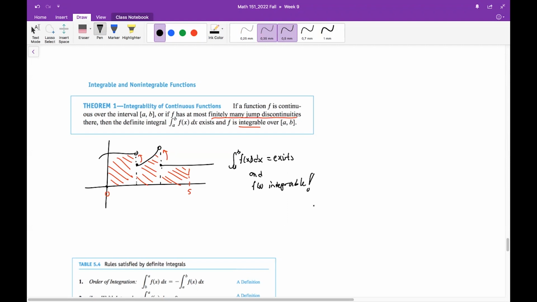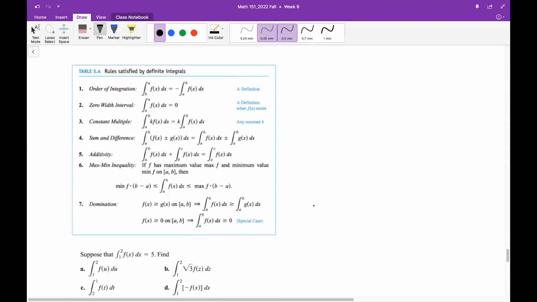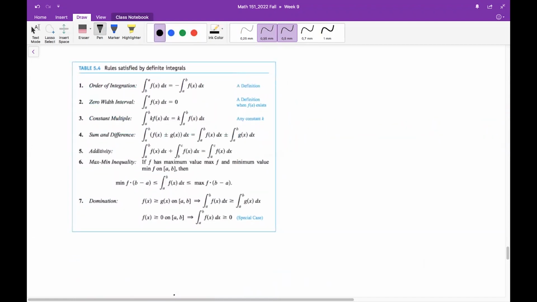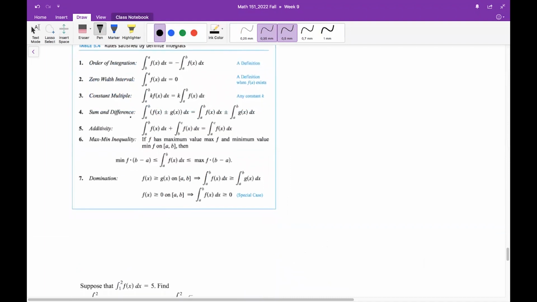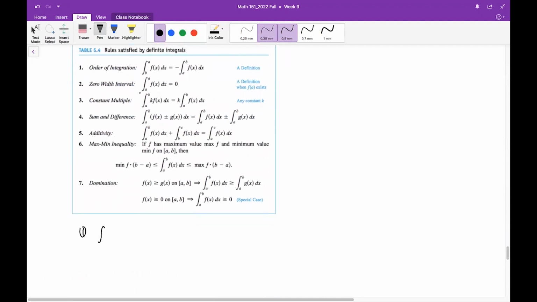Okay, then this table shows you the properties of the definite integral. Let me go over it one by one and try to understand them. Here, in property 1, what does it say?